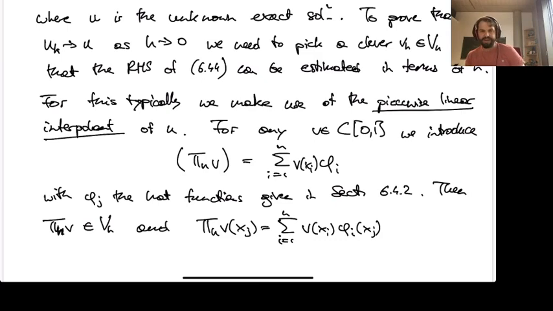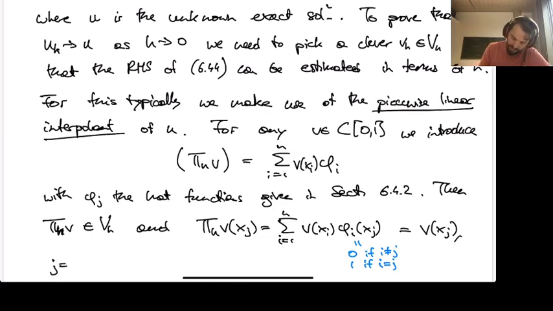But we know that phi i at xj is essentially 0 if i is not equal to j, and it's 1 if i is equal to j. That's how we defined it. And so essentially all terms here cancel apart from the one for the index j, for all j equals 1 up to n.